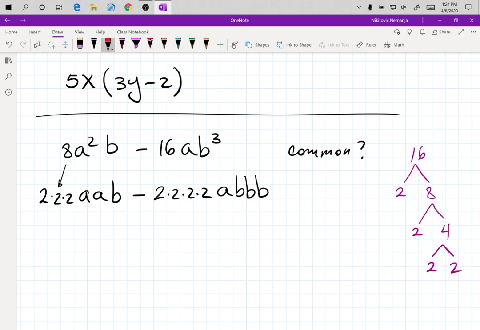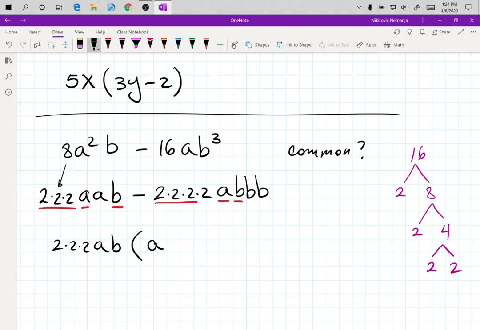What's common? Let's underline. 3 A's and 3 A's, that's the same in both. We have one of these A's to be the same and one of the B's to be the same. The rest doesn't have its pair, so it's going to be left behind. So what is there? 2 times 2 times 2 times A times B. What are the leftovers?